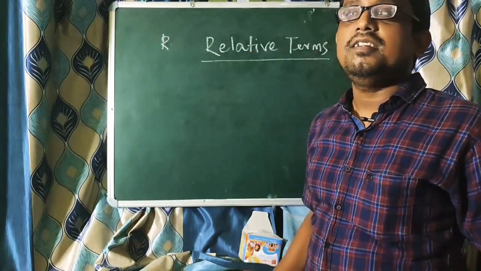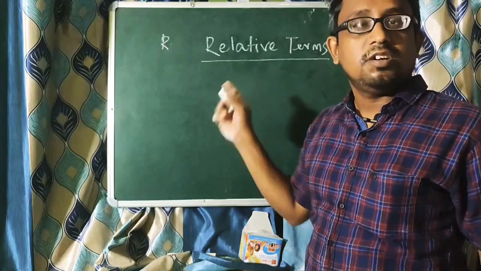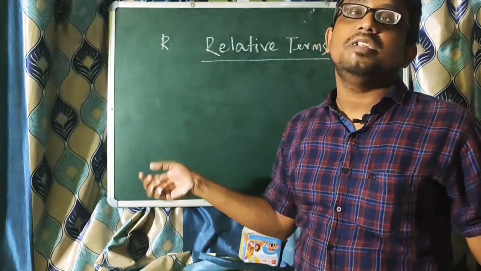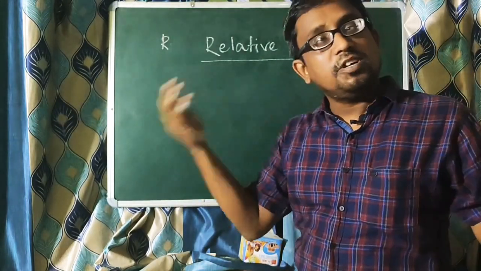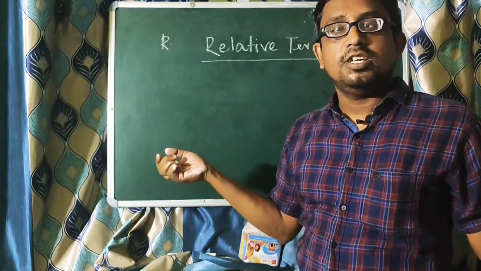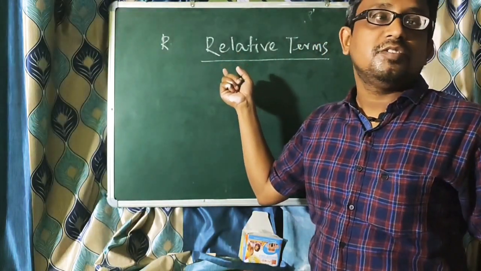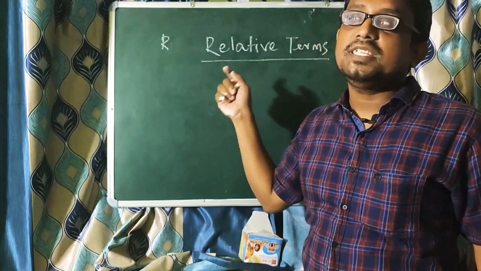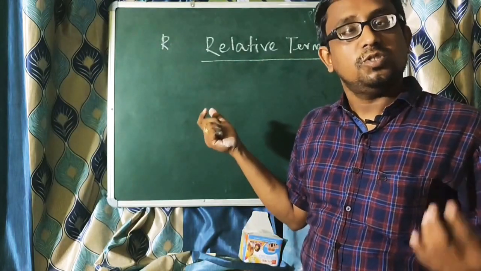Rest and motion are called relative terms because for some point of reference the body will be at rest and for another point of reference the body will be in motion. That means there is a relation between rest and motion.